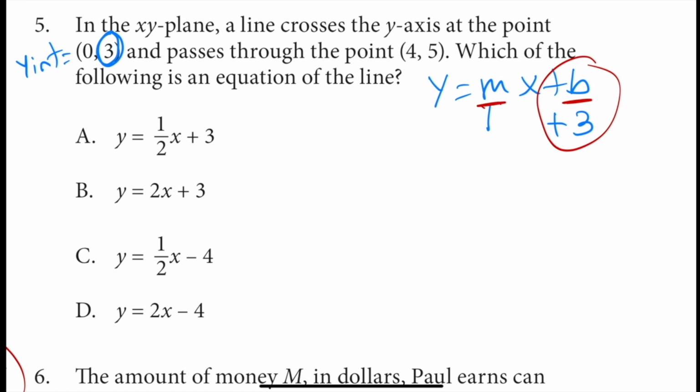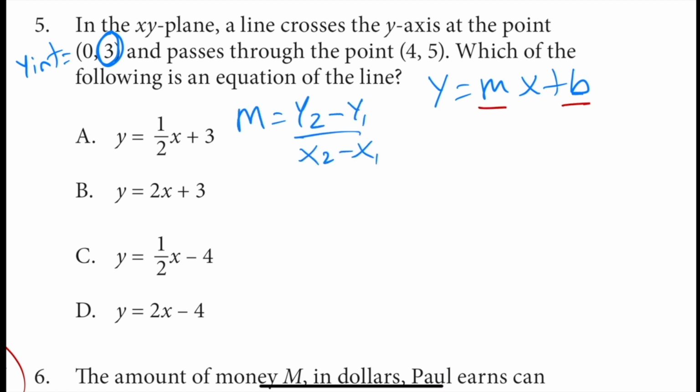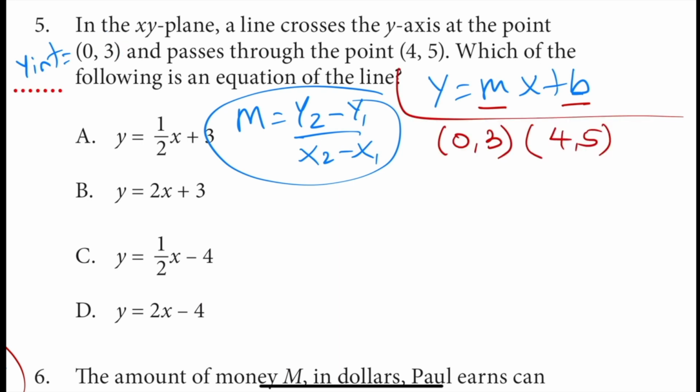Let's find the slope. To find the slope, I need 2 points. But guess what? 2 points are given. So out of those 2 points, I need to label them. If you notice, you have x1, y1, x2, y2, right? So I have to label my points. You choose either one. I'm going to call this my first point, and this my second point.